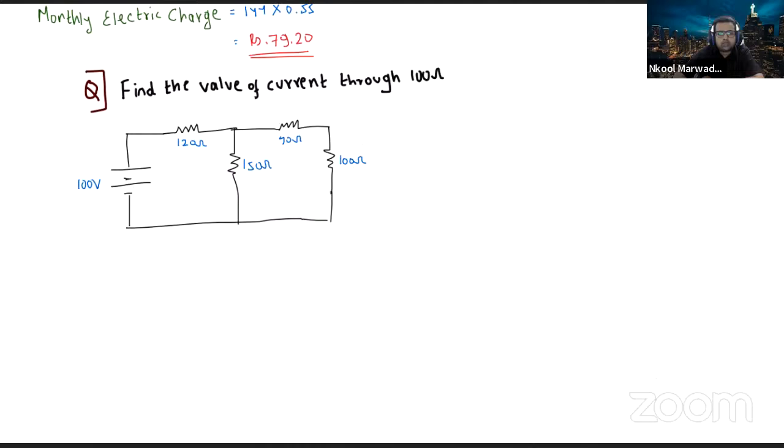This is the plus, this is the minus. And we have to find the current flowing through the 100 ohm resistance. So let us give it a try.